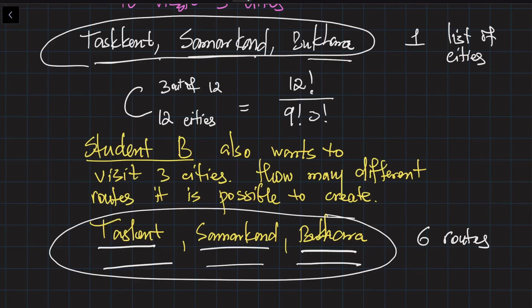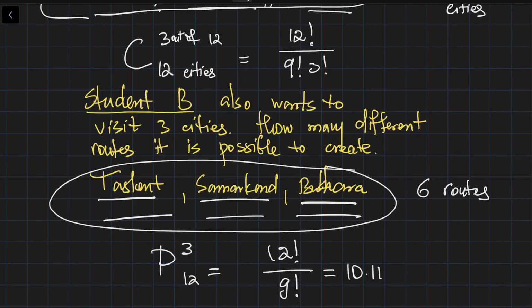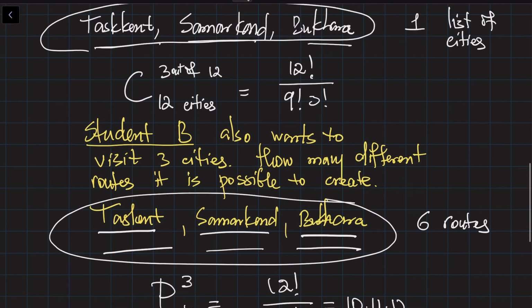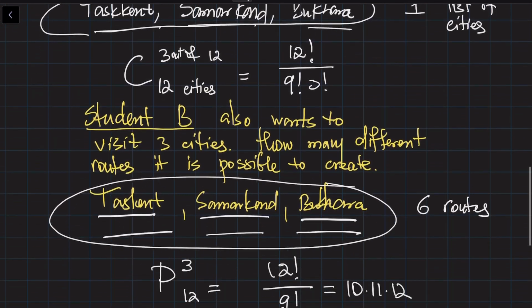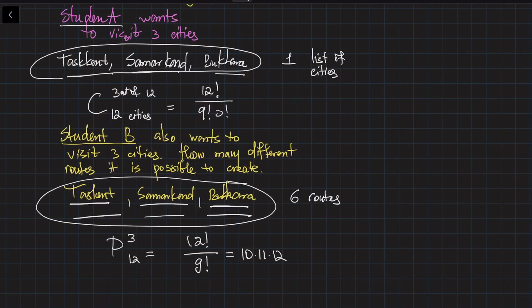So this is the difference between the permutation and the combination. If I would like to know how many different routes it is possible to make with 3 cities out of 12, we need to use the permutation. So it's going to be P 3 12. It's going to be 12 factorial divided by 9 factorial only, so it's just a multiplication of 10, 11, and 12. Now if you look at these 2 problems, it should give you some insights. On combinations, we just need to choose 3, and it doesn't matter in which order.